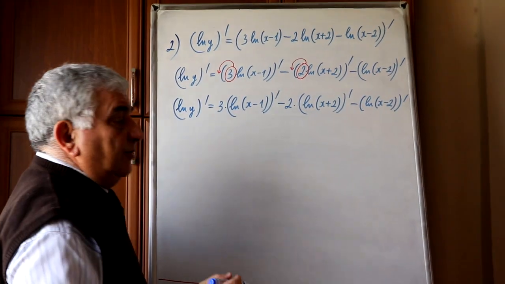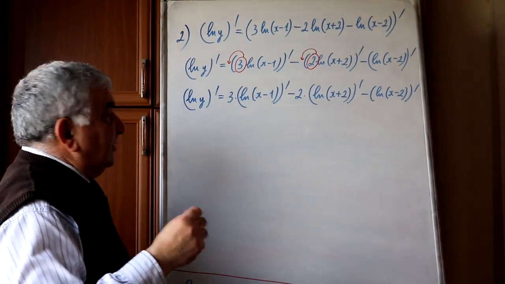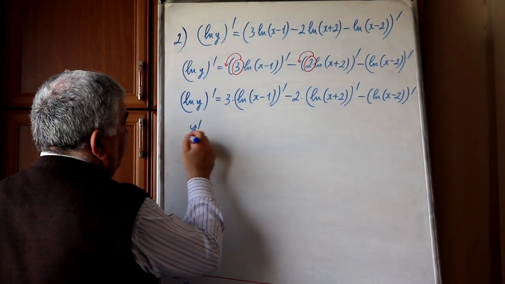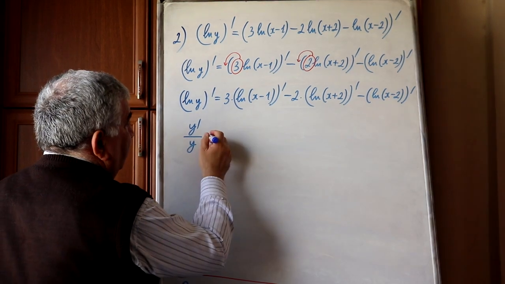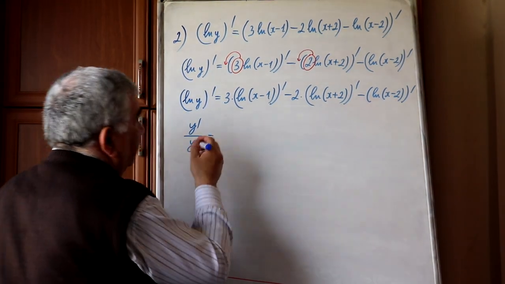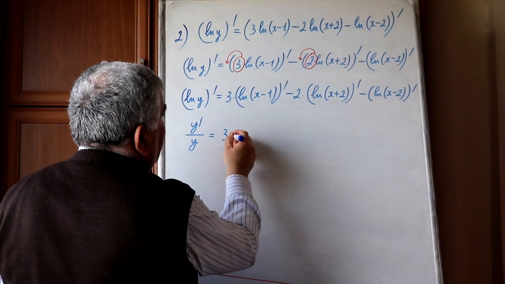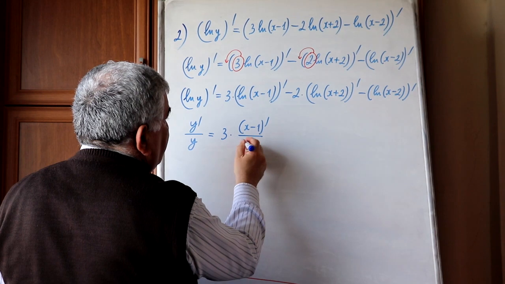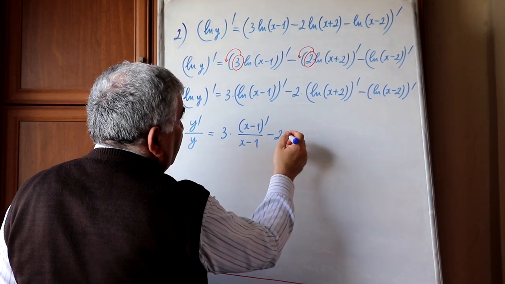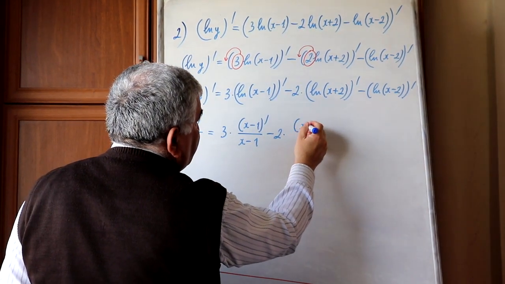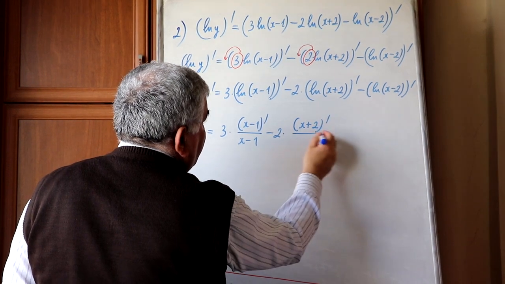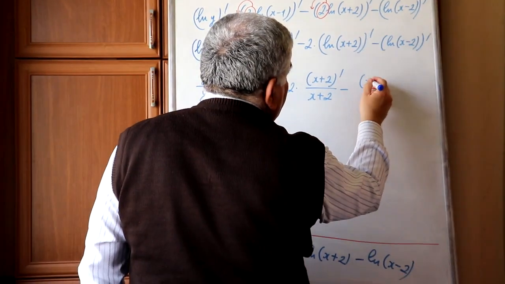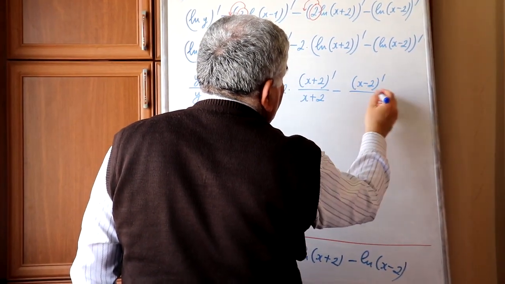Then use the formula of logarithmic derivative. According to this formula, we will have y prime over y equals 3 multiplied by x minus 1 prime over x minus 1 minus 2 multiplied by x plus 2 prime over x plus 2, and minus x minus 2 prime over x minus 2.